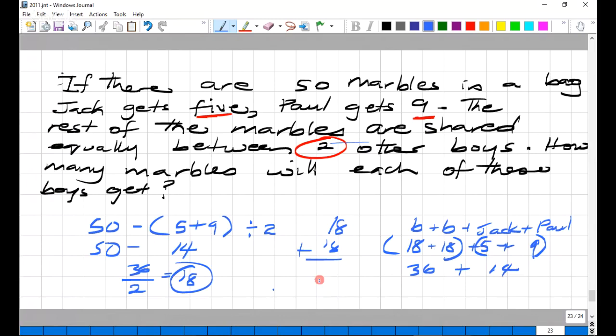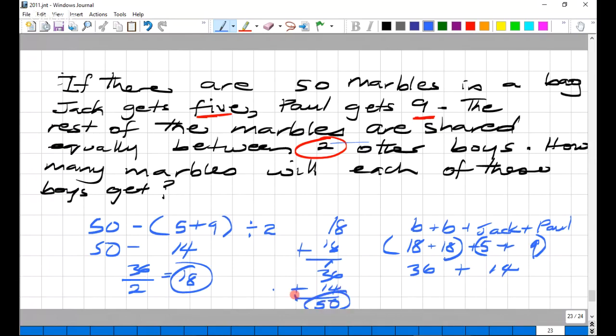Okay. So what is now 36 plus the 14? Sir, 6 and 4, 10. Right? 0, carry 1. 1 and 3, 4. 4 and 1, 5.